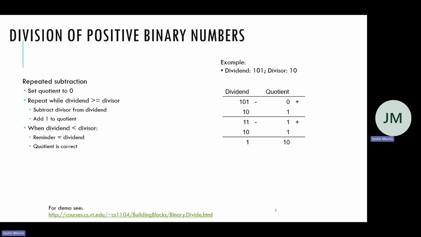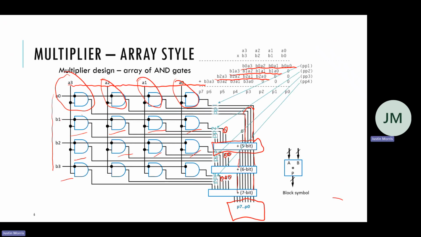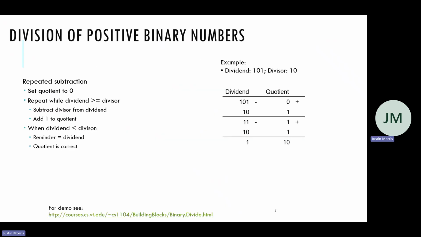So it's not as simple in hardware, like how we can just turn everything into AND gates for the multiplication. And to do division, we actually have to do this subtraction. There is a more efficient way to do this, but I'm not going to cover it in this course. If you are curious about that, I do have slides and we can talk about it outside of the course.